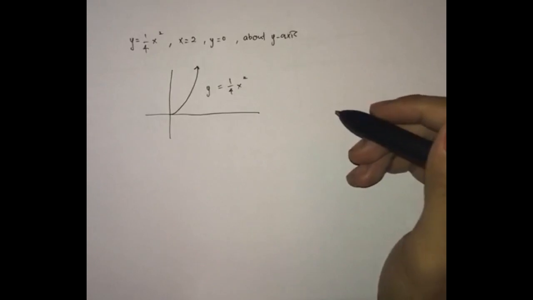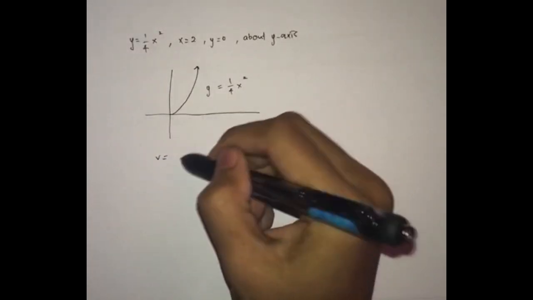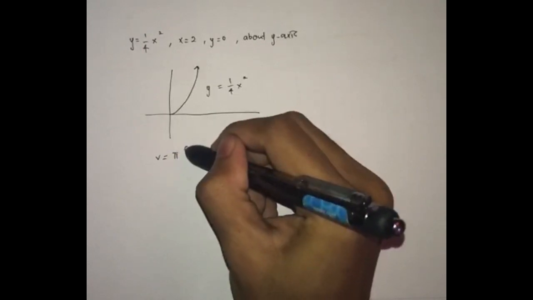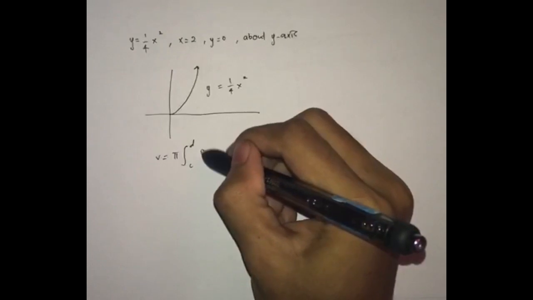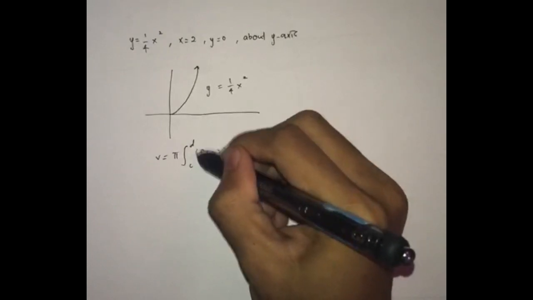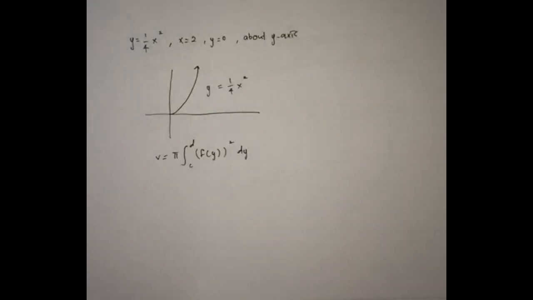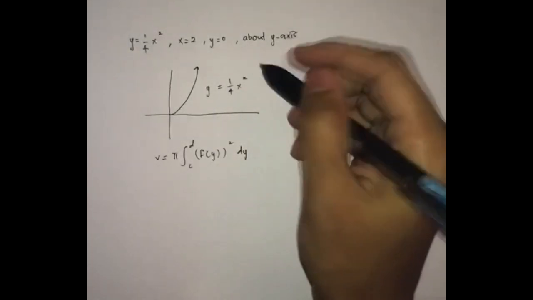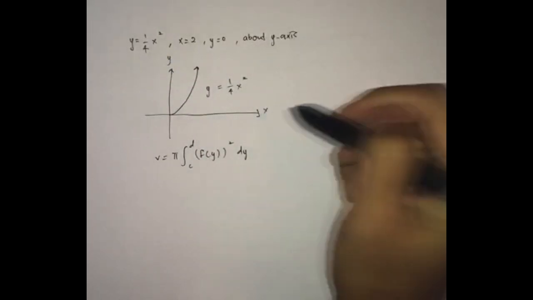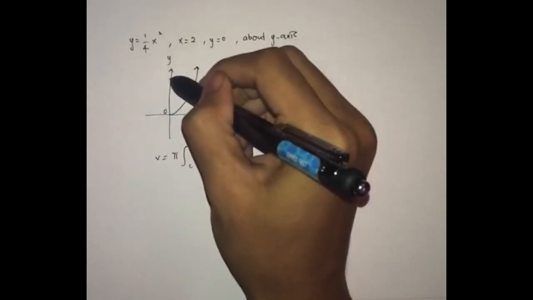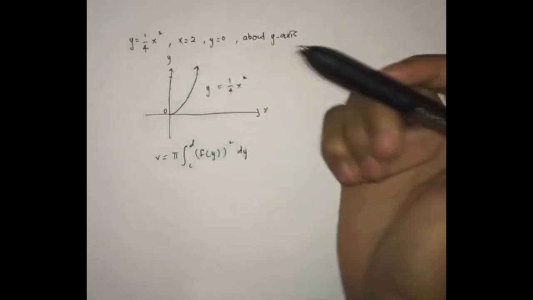So since it revolves around the y-axis, the formula that we are going to use is V equal to pi integrate d to c f(y) squared dy. So the points are going to be from here to here, but we don't know what is the value here.